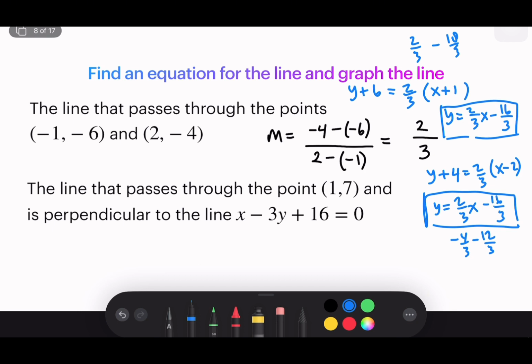I will divide by 3. So I will get this. Now I have this. What is this? Focus here. What is this?